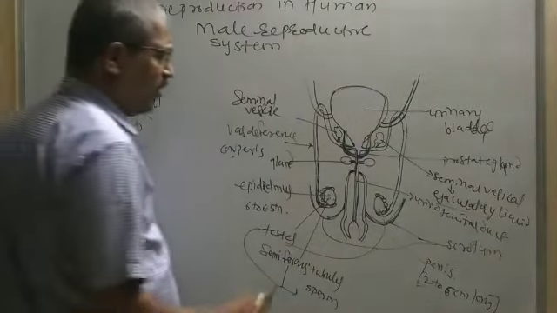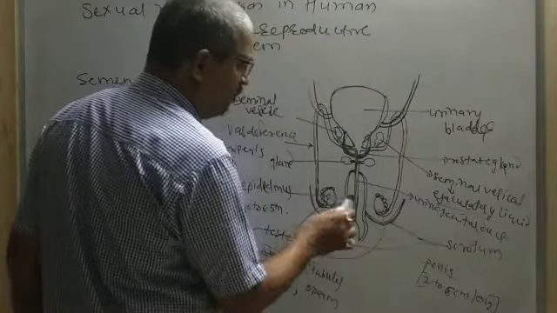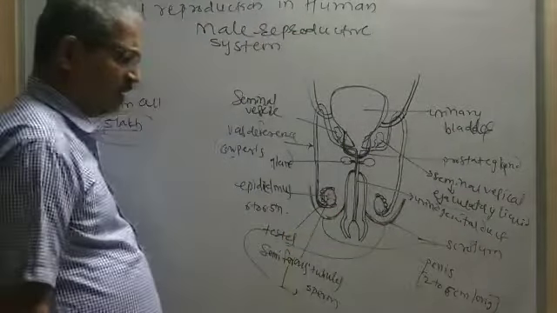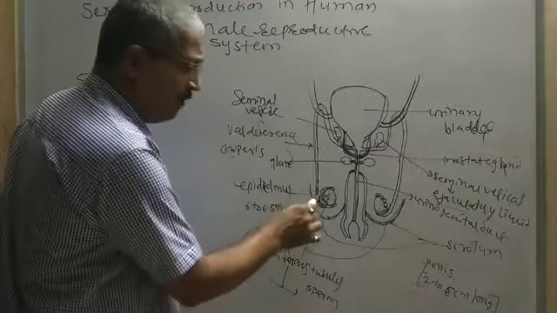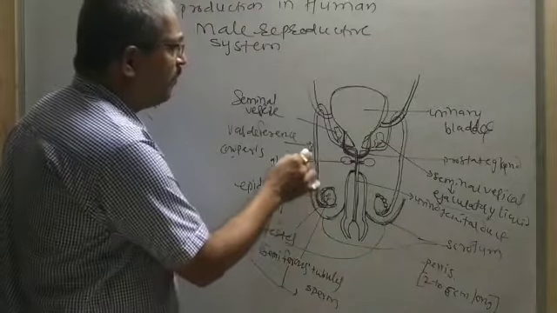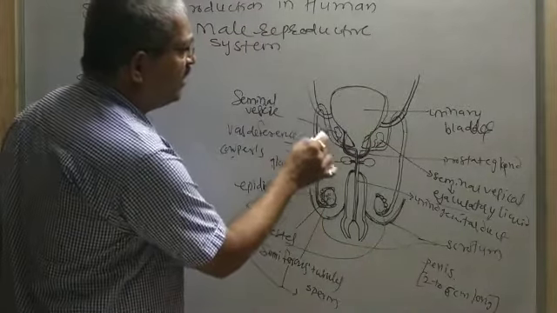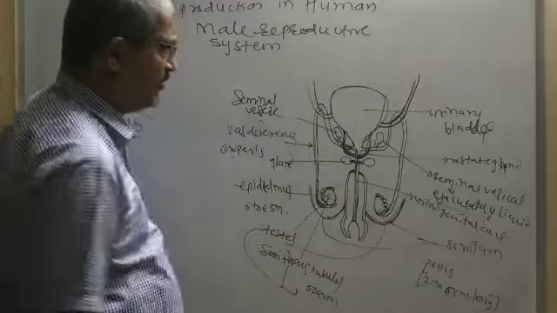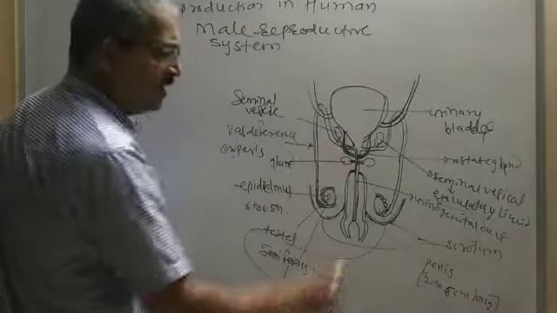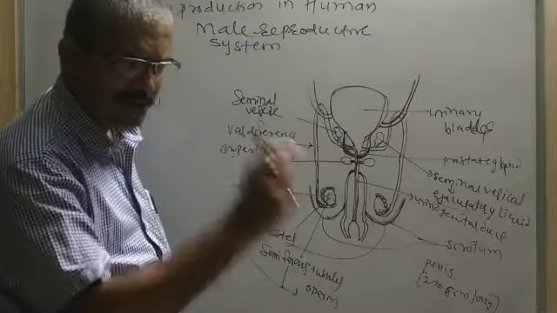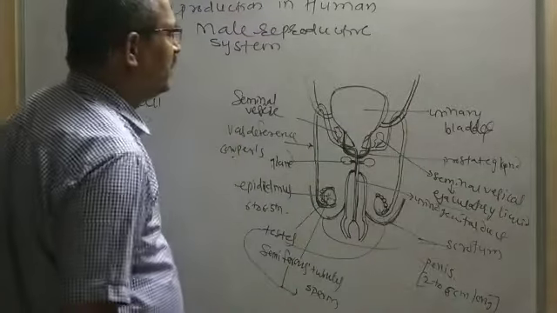These sperm cells are produced in both the testes and nourished by the epididymis, and they come through the vas deferens. Near the seminal vesicle, ejaculatory liquid is secreted, which protects and nourishes them and makes them sticky.